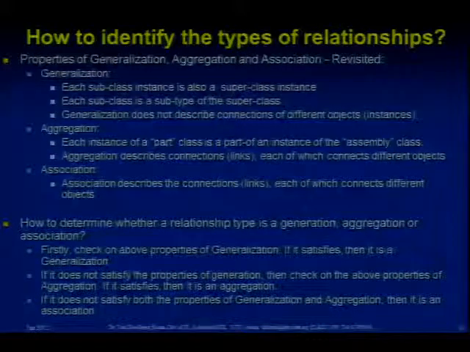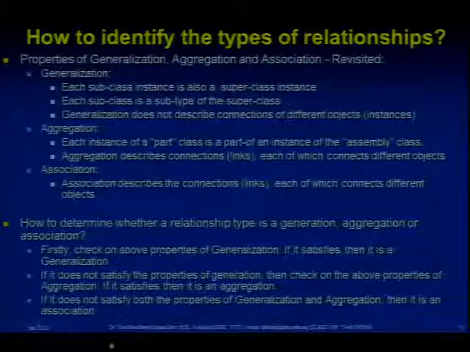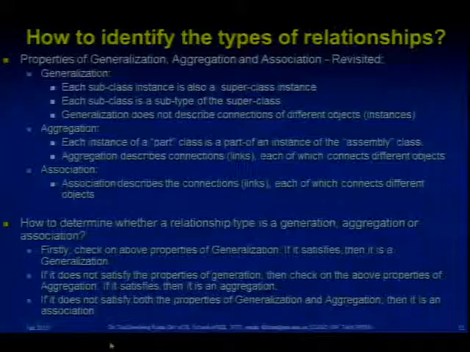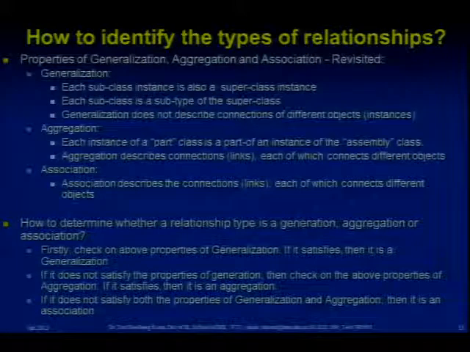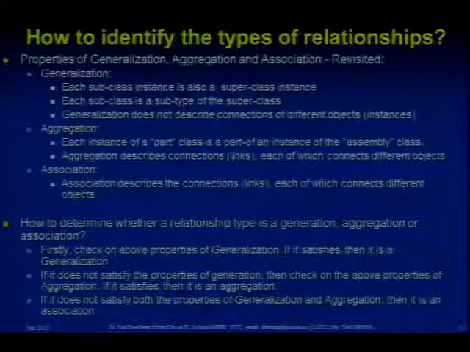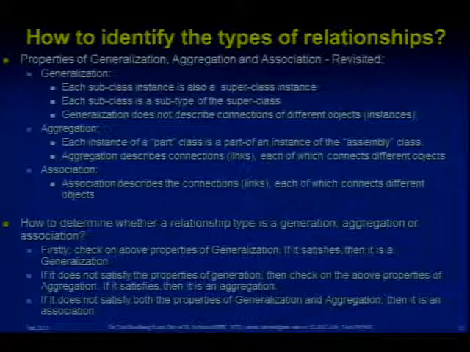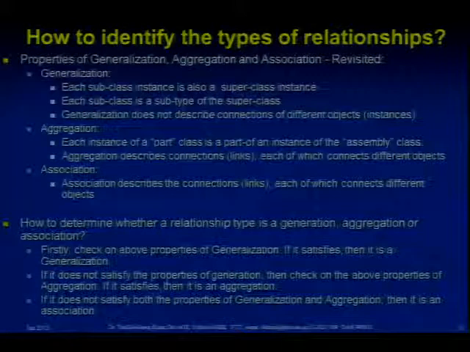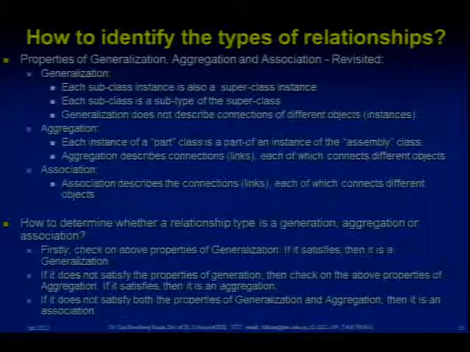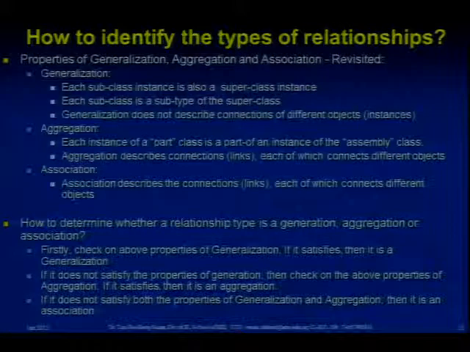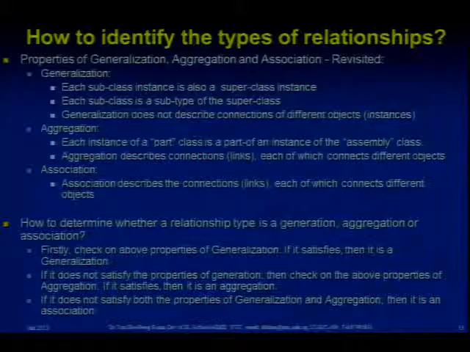Firstly, you should check whether it is a generalization, because generalization is very much different from the other two. So firstly, we will check whether the relationship type is to show a classification, a type and subtype kind of situation.